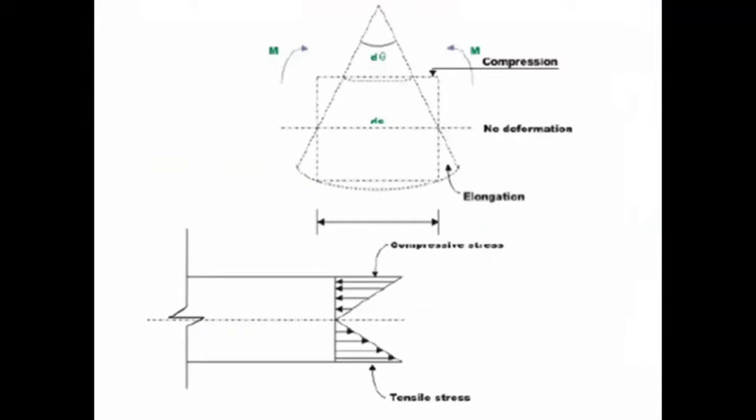Now there is one more thing that needs to be considered. We have considered one cross section whose length is dx here. And if we consider the complete length of the beam, it will be something like this. I'll just try to show you.